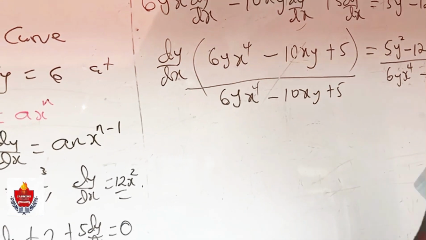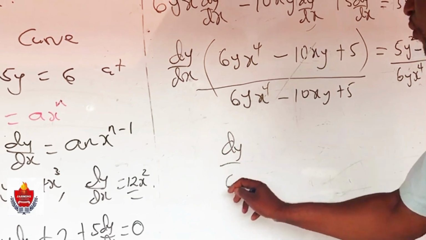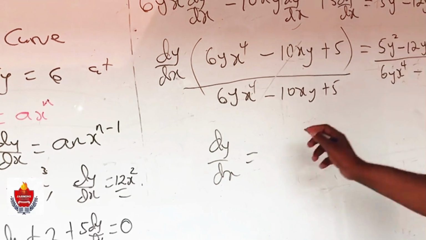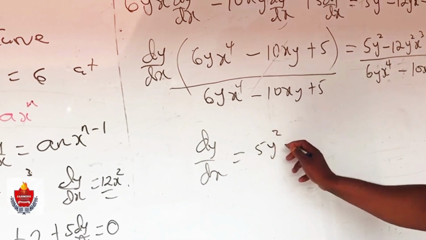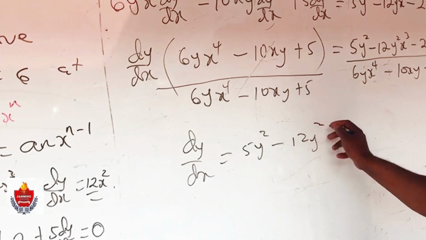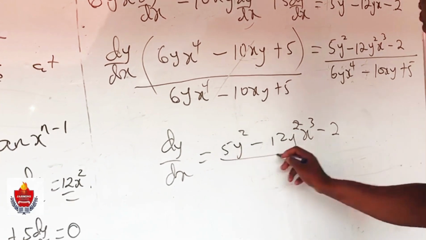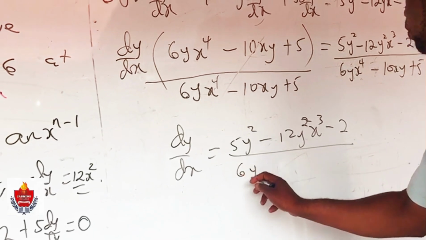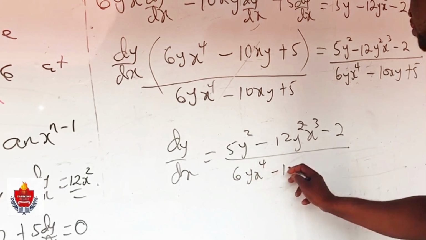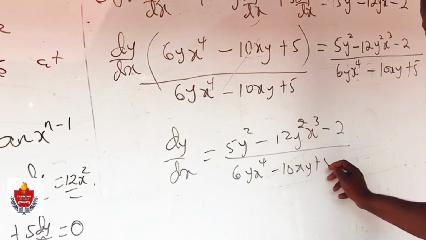Of course, this will get cancelled out, and then we have dy/dx rounding up to 5y squared minus 12y squared x raised to power 3 minus 2, all over 6yx to the 4 minus 10xy plus 5.